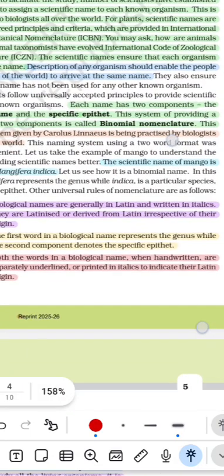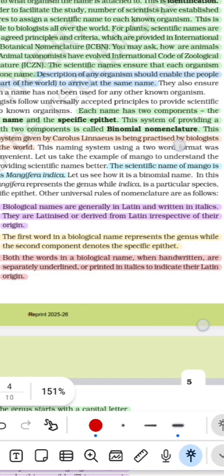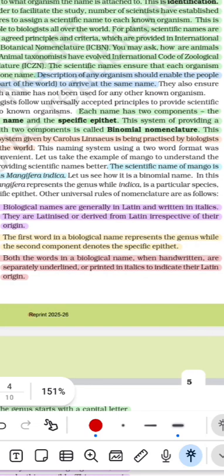Okay, next point. The first word in a biological name represents the genus while the second component denotes the specific epithet. Both the words in a biological name, when handwritten, are separately underlined or printed in italics, to indicate their Latin origin.